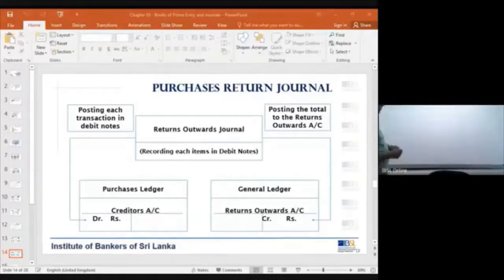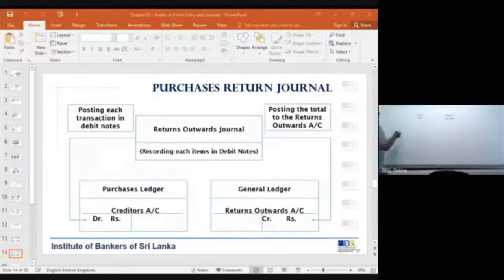Okay, so we have credit sale and we have credit purchase. Okay, credit sale and the credit purchase.